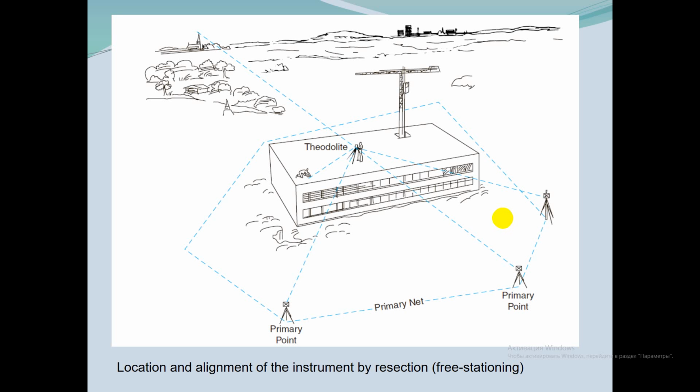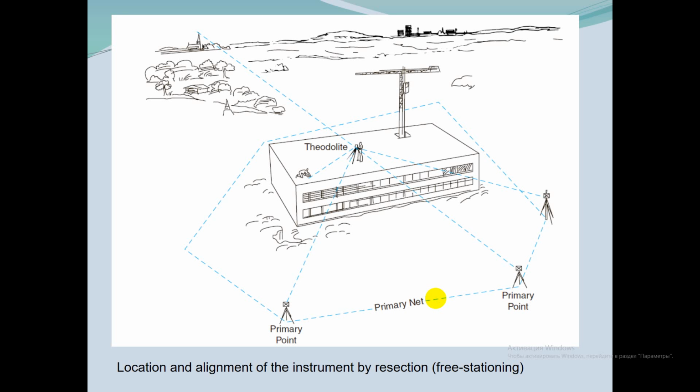Only 2 or preferably 3 stations are required. By using trigonometric relationships to solve the resulting triangles, the coordinates of the instrument station are computed. Most total stations are now programmed to solve resection problems.